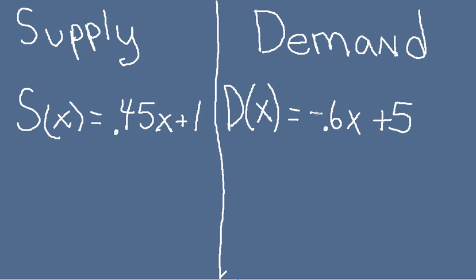Well, let's look at these two equations. We're going to find what's called the equilibrium, or the market price. We're going to find the market price for a product that has this for a supply equation, this for a demand equation. Basically, what we're going to do, we're going to graph these.